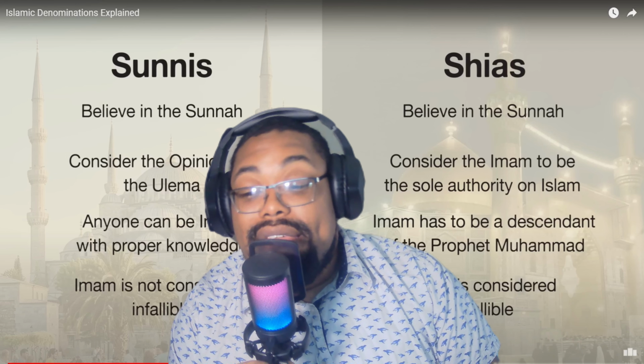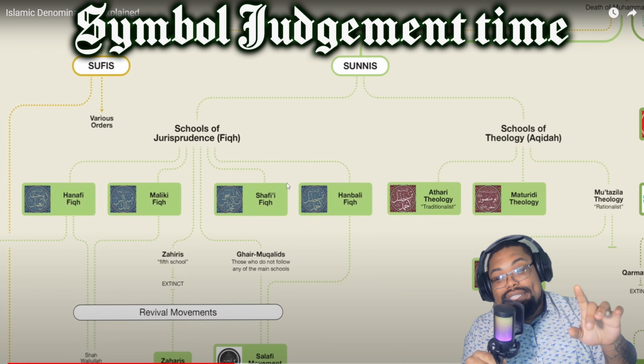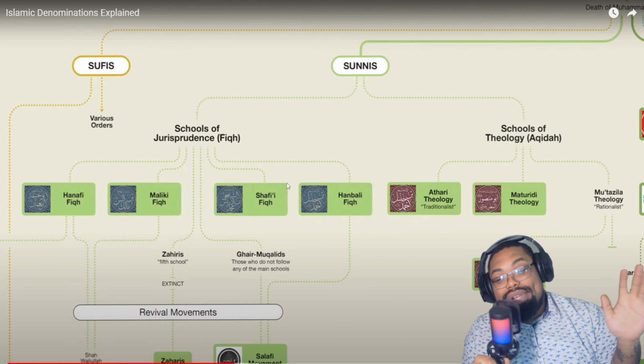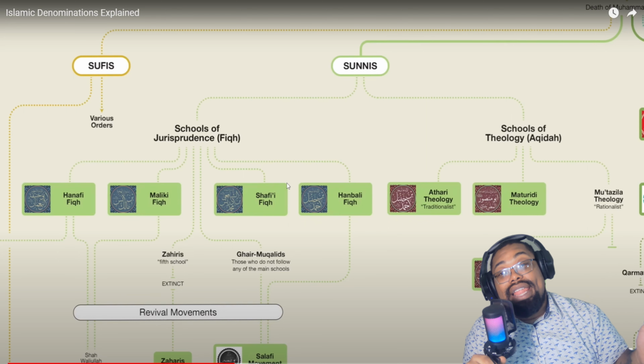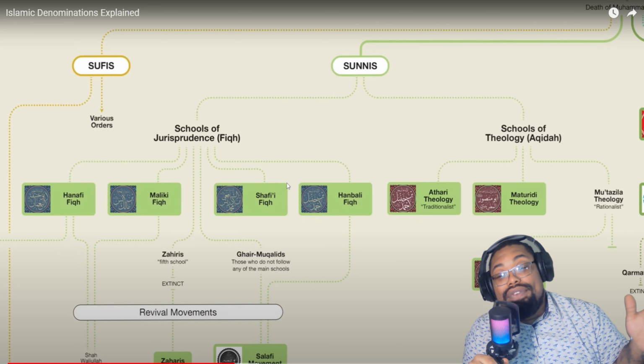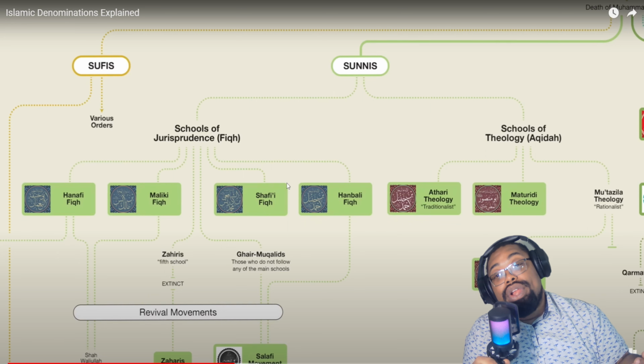Wow. All right, guys. So I'm going to listen more into that, but you guys know what time it is. I have to take a look at some of these symbols. Now, this one's going to be a little bit tricky because looking at these, a lot of them look alike, but they just have different wording in them. And as I stated before, I don't know what the wording means.